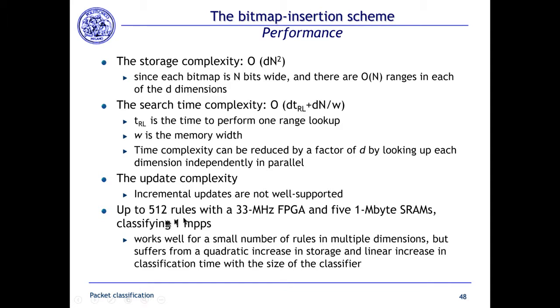For example, if you have 512 rules, you can classify up to 1 megapacket per second using an FPGA and 5 megabyte SRAMs.